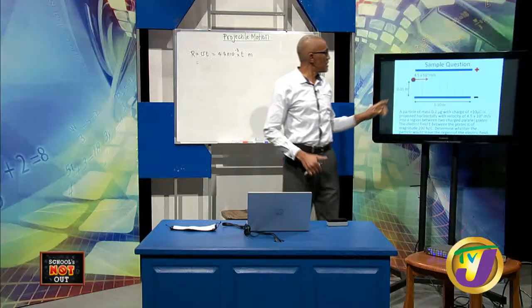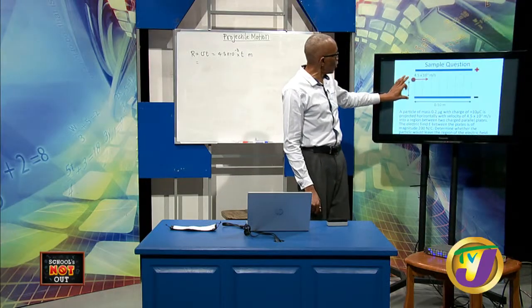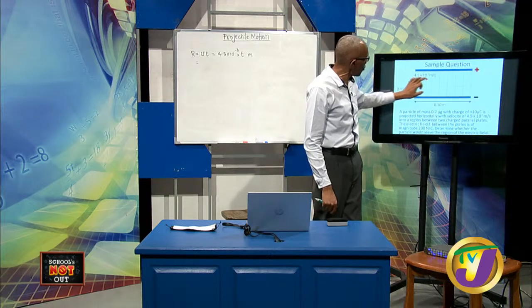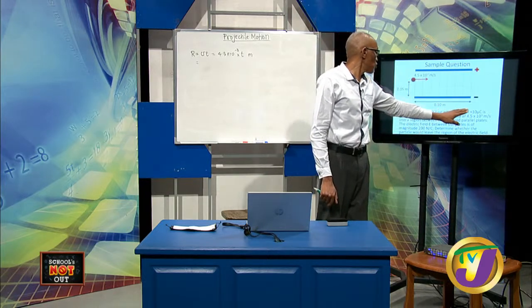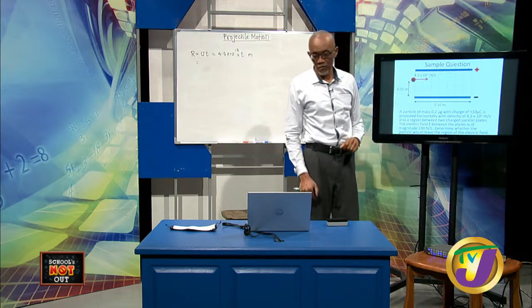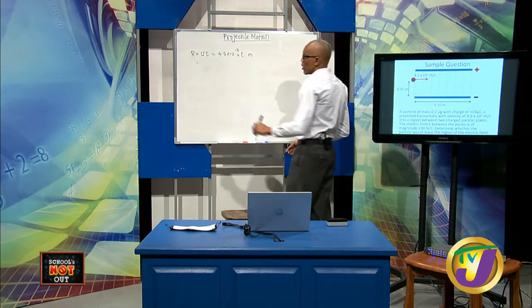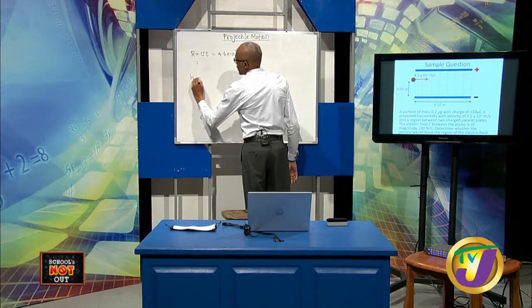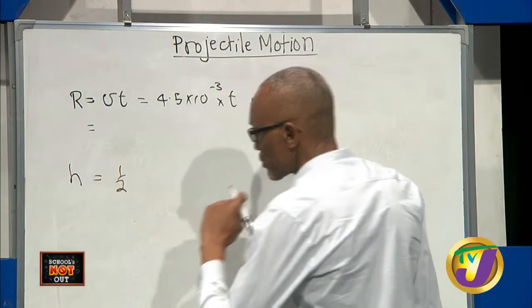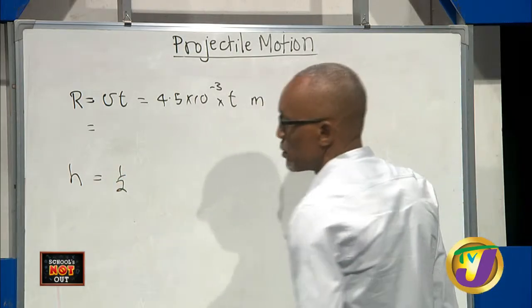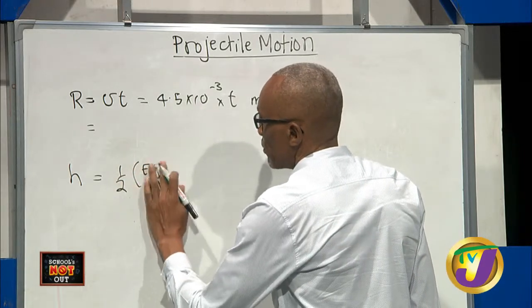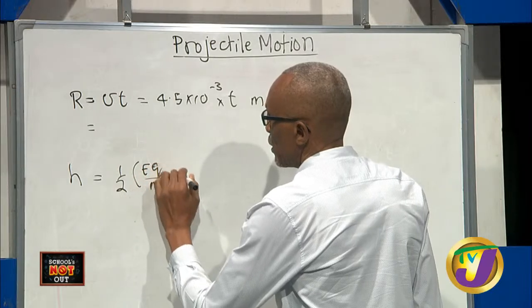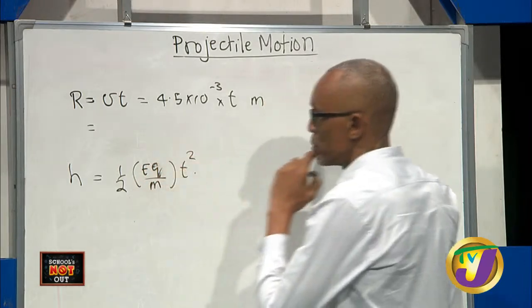But we can find T because we know the height through which it must fall before it hits the plate. We know the mass, we know the charge, and we know the electric field strength. And remember that H is equal to half EQ over M T squared. Okay.